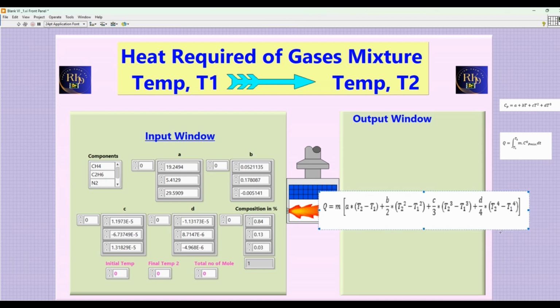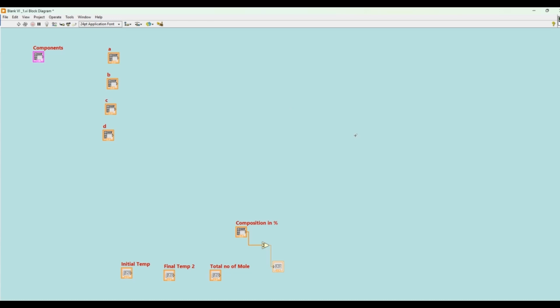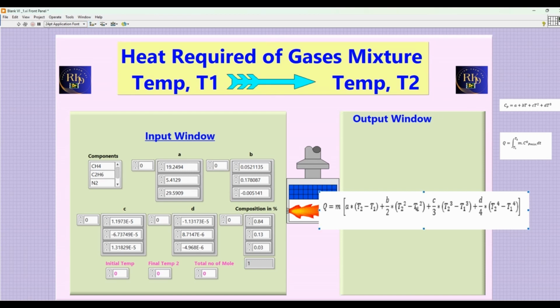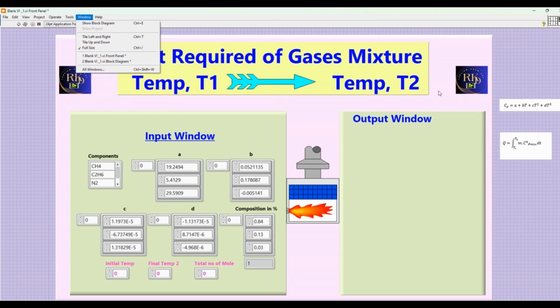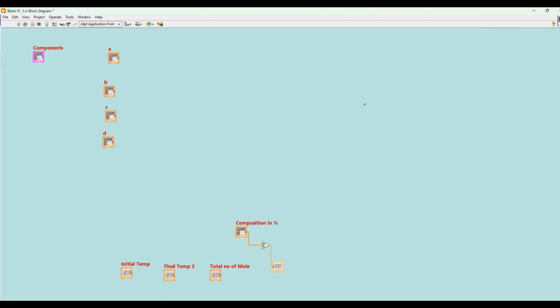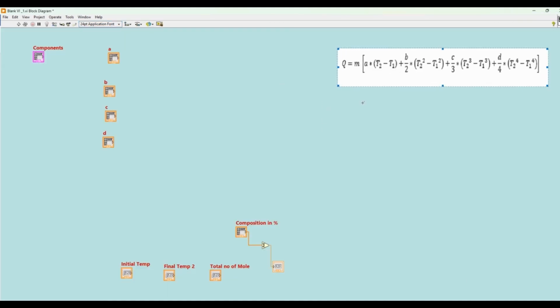In this way I'll calculate terms 1, 2, 3 and 4, then take the summation of all, then multiply with the total number of moles, and it will give you the final Q. So for that I'm going back to this block diagram, and from here I'll start from the top. The top is nothing but A. I'll copy and paste it here in your block diagram window, so it's easy to understand.